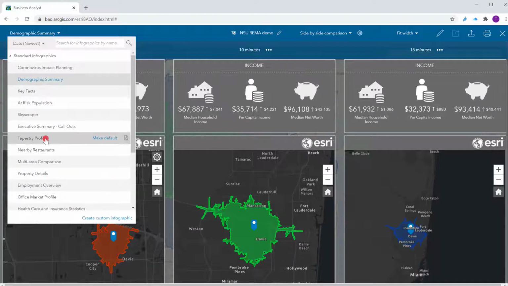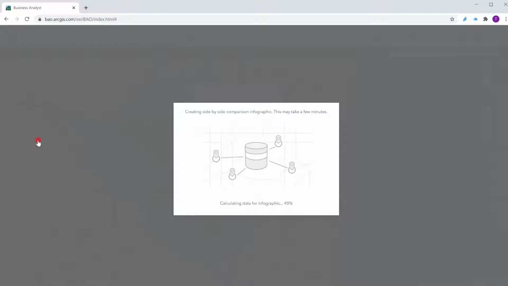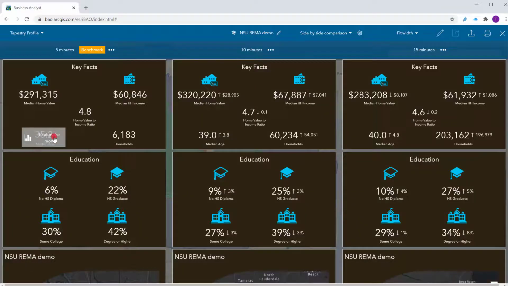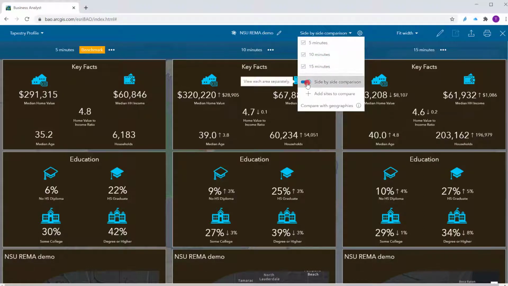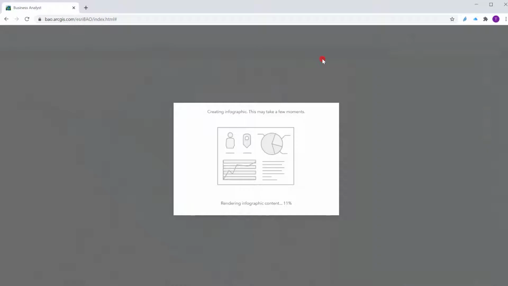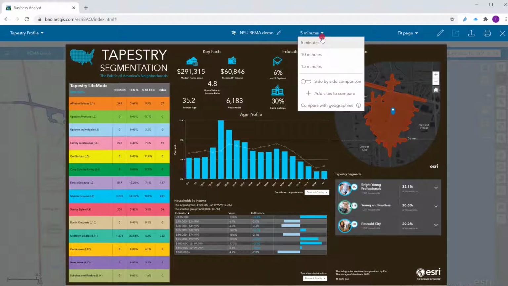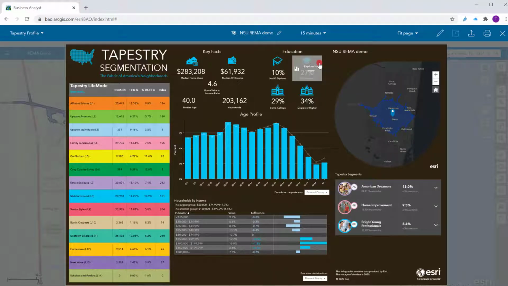Yeah. So we can take a look at tapestry profile. Tapestry is the short nickname for lifestyle. And let's do not a side-by-side comparison, but let's do a 15-minute tapestry segmentation away from our campus.